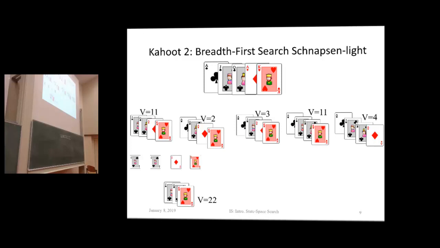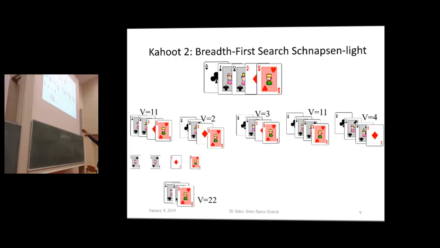And what you basically do is you look at the situation where you played the first card, the second card, the third card, the fourth card, and the fifth card. And basically you put all those 5 states in your fringe, and then you evaluate the next one, and you look at all the 4 combinations that you could have.